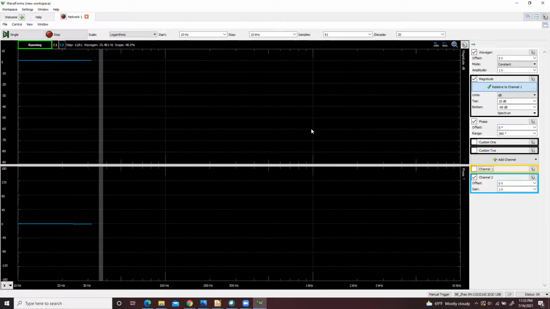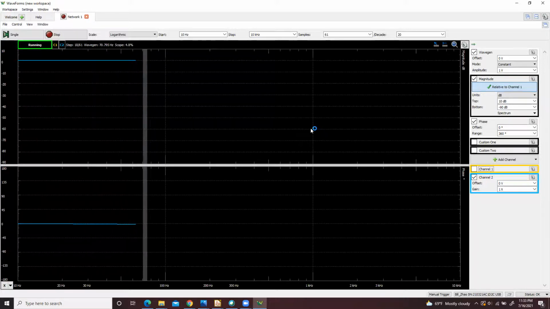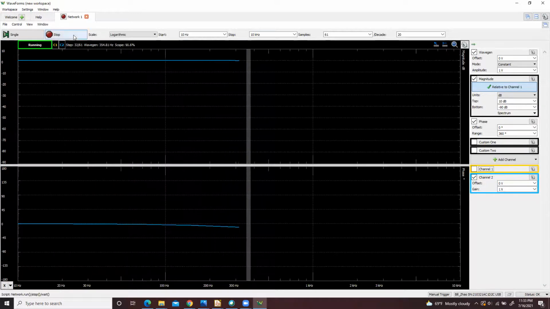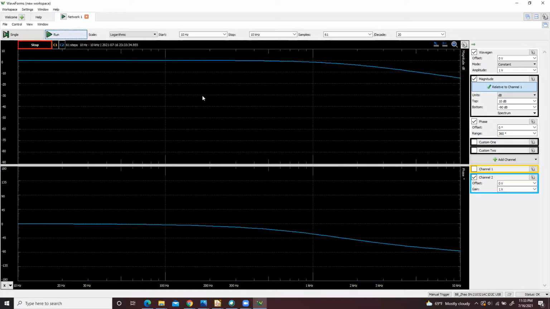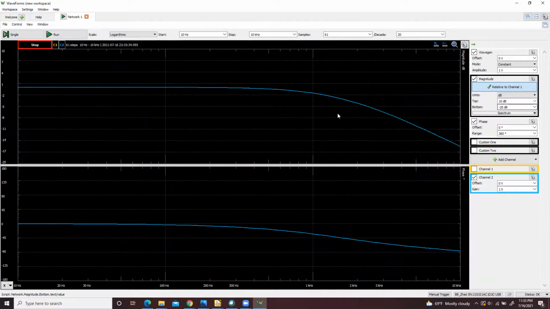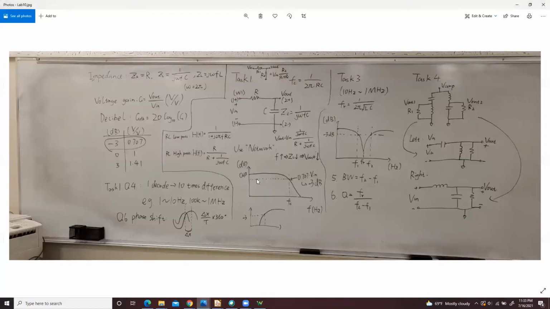Let's wait a couple seconds. All right, so this is the plot I showed you. Since you don't have any signal at this range, I can change this to, let's say, from 10 to -20 dB. So you see this plot is what I mentioned in here. So this is similar to this one.